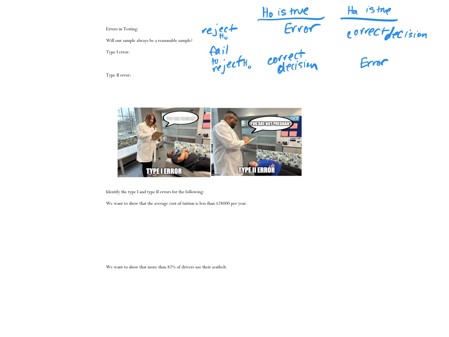So H0 is true means they're innocent, so if we send them to jail, that's a problem. Right? What if they're guilty and we let them go? That's also a problem.